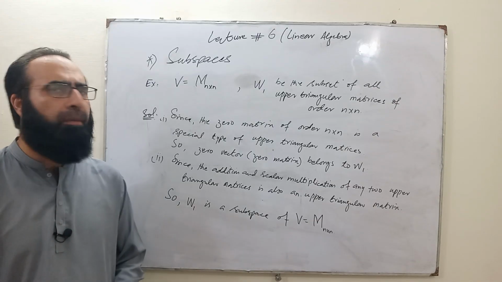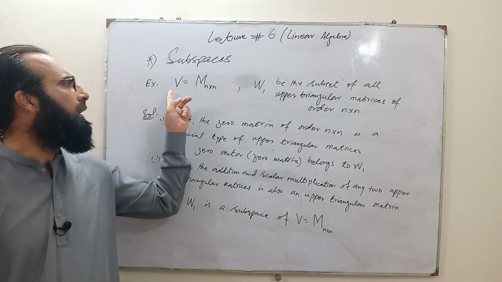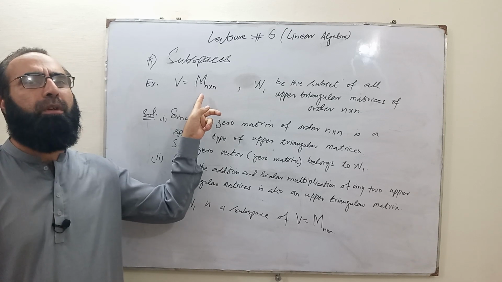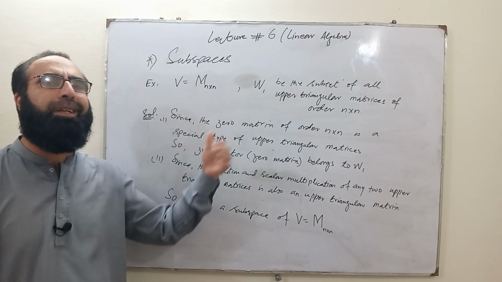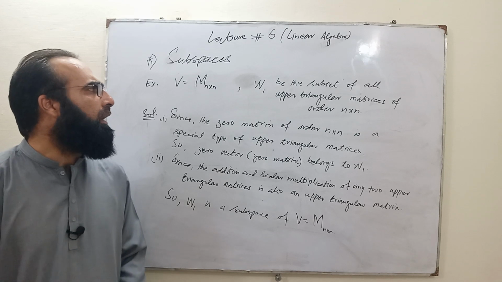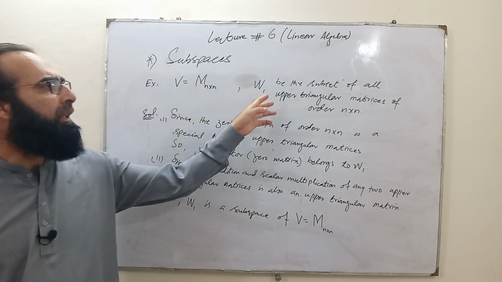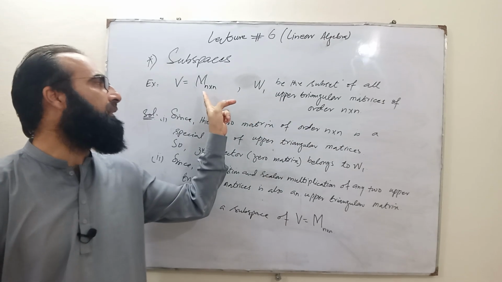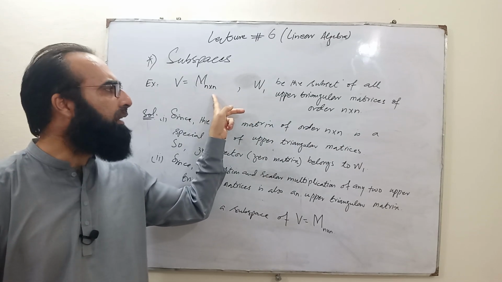We have another example, and in this example let our vector space consist of square matrices of order n cross n, and let W1 be the subset of all upper triangular matrices of this same order n cross n.